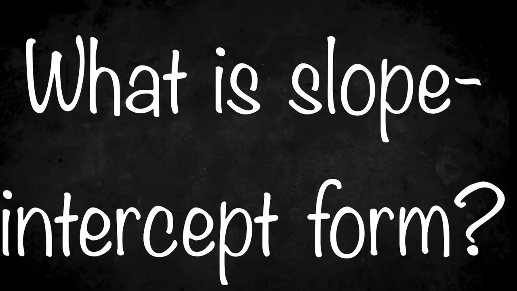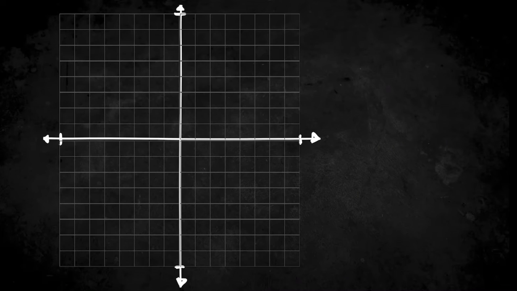In this video of Let's Talk Math, we're going to learn what slope-intercept form is. So we have a graph right here, and let's just say we draw a line, not perfectly straight. Every line has a y-intercept. So let me tell you what a y-intercept is.